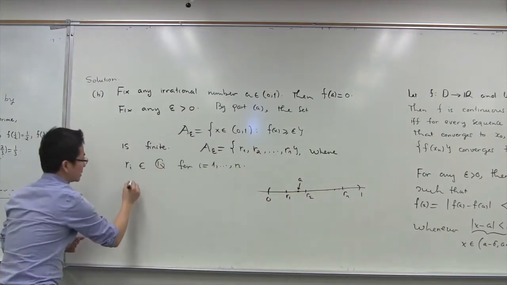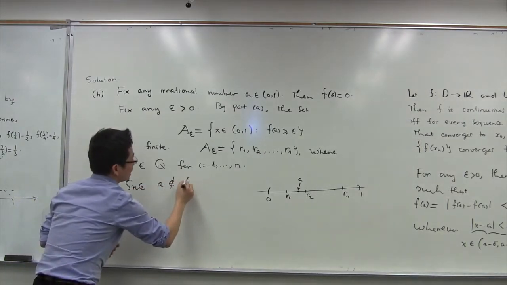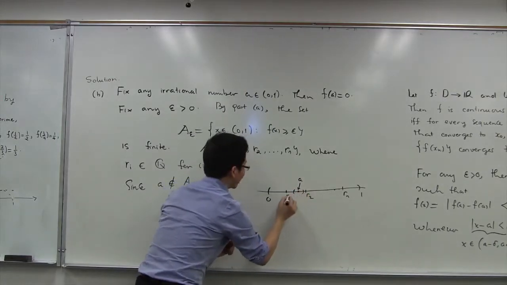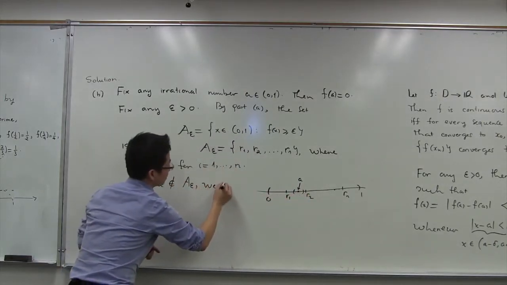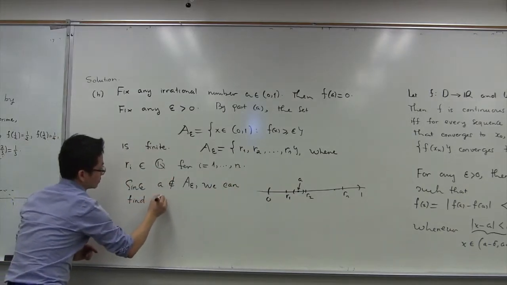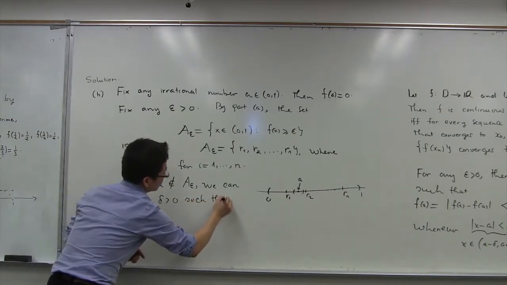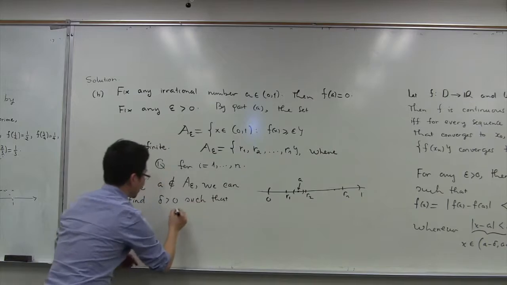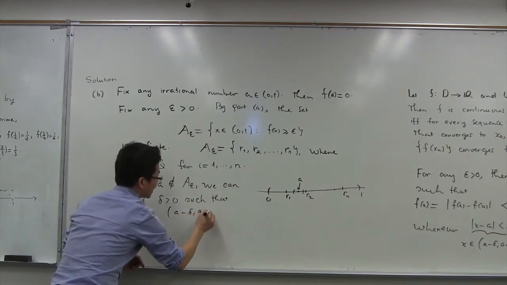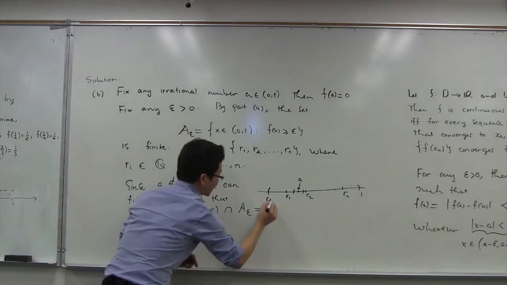Now, since a doesn't belong to the set A_epsilon, we can always find delta greater than 0 such that the intersection of the interval (a minus delta, a plus delta) with A_epsilon is the empty set.